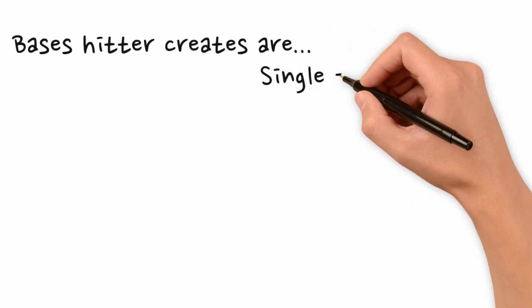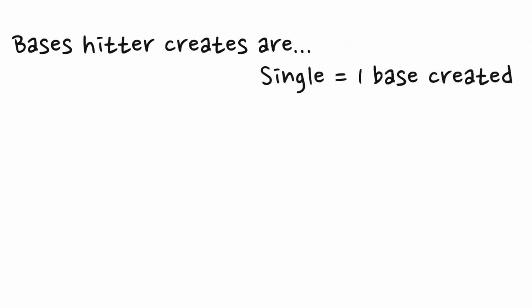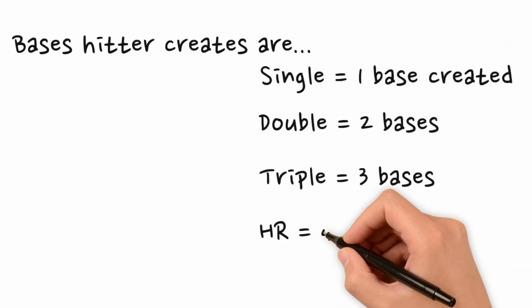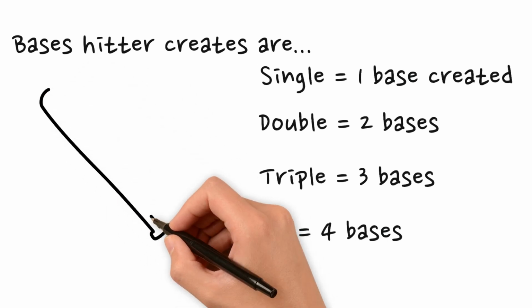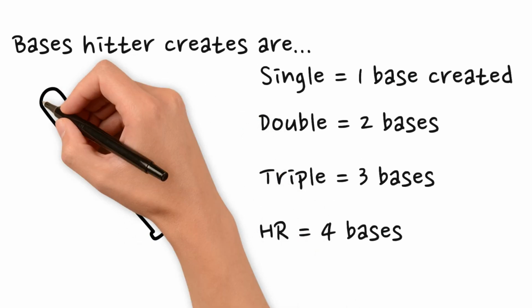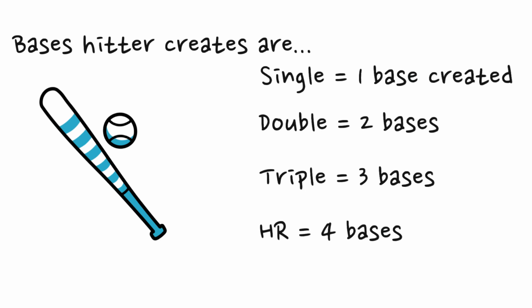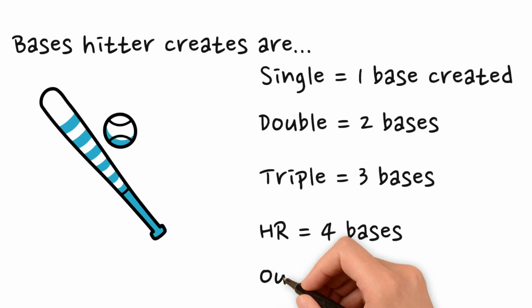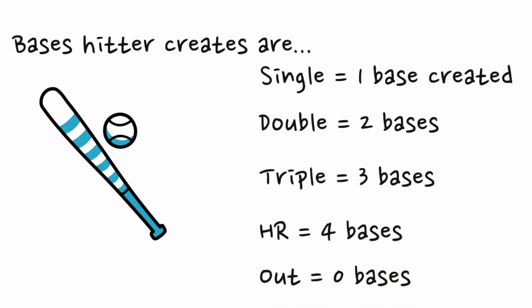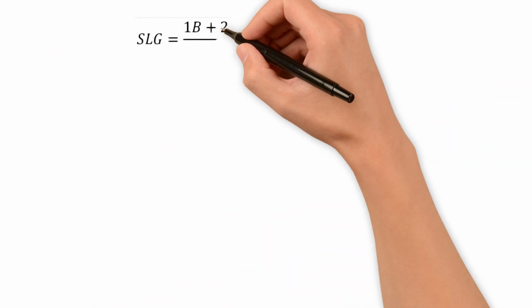A single will be 1 base in the numerator, a double 2, triple 3, home run 4. Obviously, each time a player gets a hit, 1 at bat is going to the denominator as well because he is coming up to the plate, and the corresponding bases from the hit are going to the numerator. And then if the hitter gets out, 1 plate appearance will be added to the denominator, and of course nothing will be added to the numerator. And at this point, we have slugging percentage.